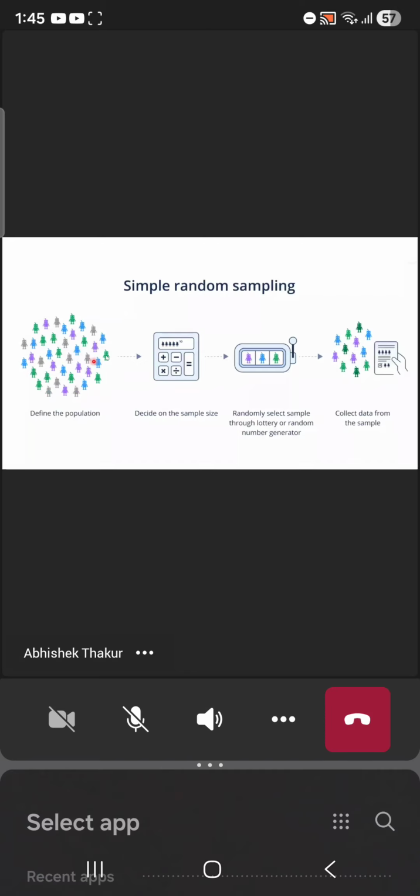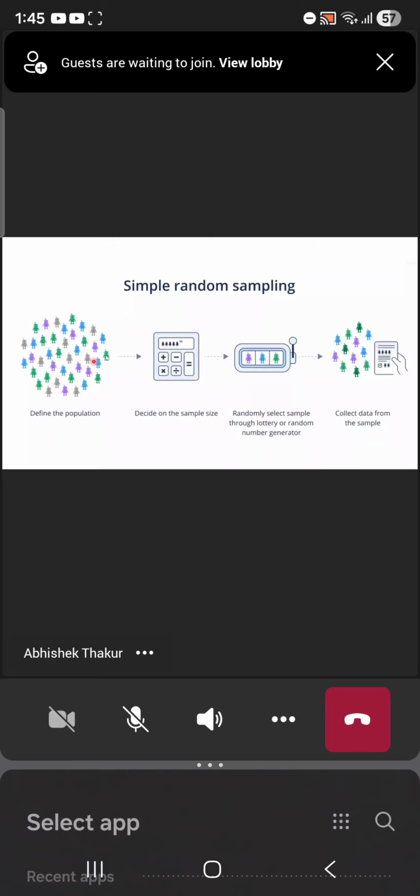First we have to decide what the sample size is. Like we are going to collect the data from 10%, 20%, 30%. Like this is 2000, but we are going to collect the data from 20% or 20 items. So we can collect the sample randomly. Like I selected this one, this one, this one on a random basis.